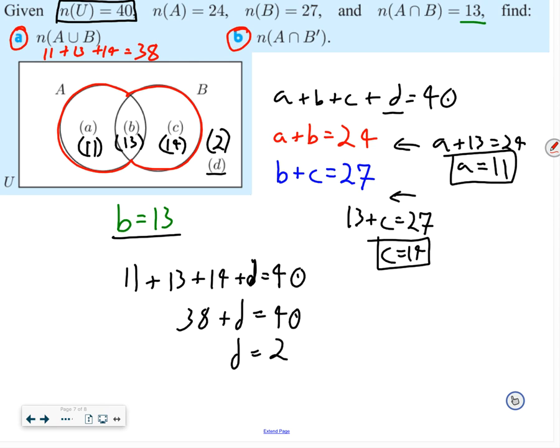And B wants to know the number of elements in A, not in B. So that's A intersect not B, so that's this region here we're talking about. So that is 11.